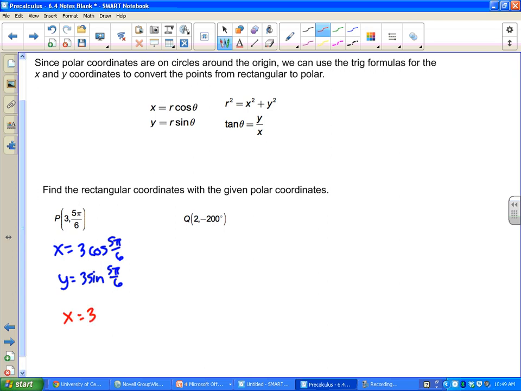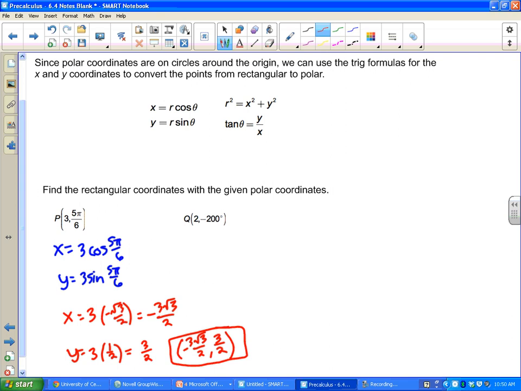X is 3 times cosine of 5 pi over 6, which is negative square root of 3 over 2, and so x is negative 3 square roots of 3 over 2. On y, I would have 3 times sine of 5 pi over 6, which is 1/2, so y equals 3/2. So the point P as an x and a y is negative 3 square roots of 3 over 2, comma, 3/2.